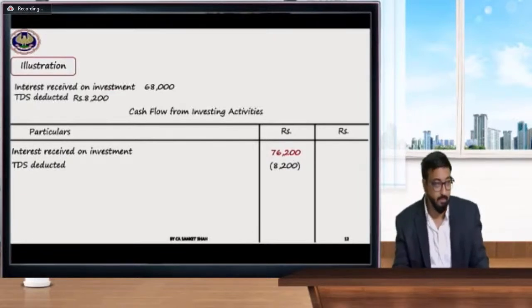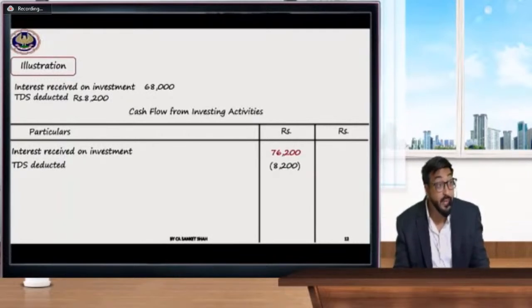One more time. What is the amount which I received in bank? 68,000. And what is my TDS? 8,200. So total amount is 76,200, but I want to show gross income. In my bank account, how much is credited? 68,000.